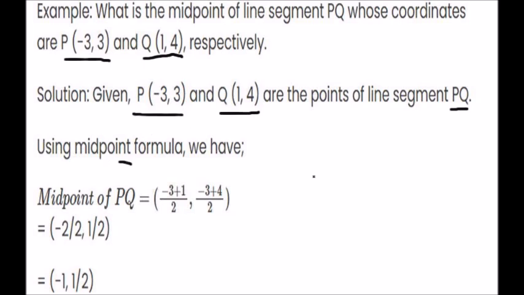What is the midpoint formula? x1 plus x2 by 2 comma y1 plus y2 by 2. That is, midpoint of PQ is equal to minus 3 plus 1 by 2 comma 3 plus 4 by 2. That's equal to minus 2 by 2 comma 7 by 2. That's midpoint of PQ is minus 1 comma 7 by 2.